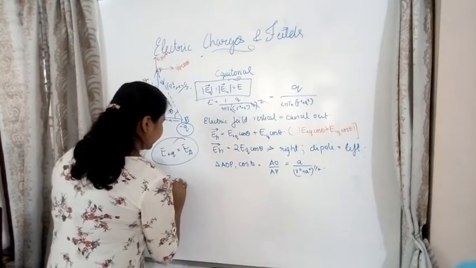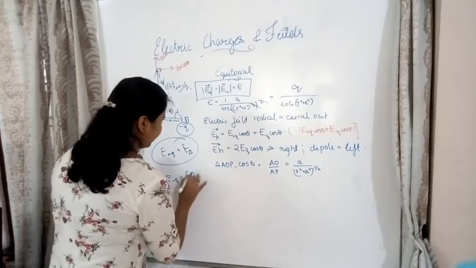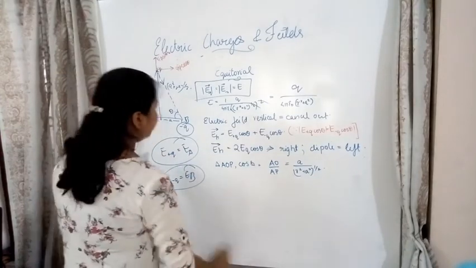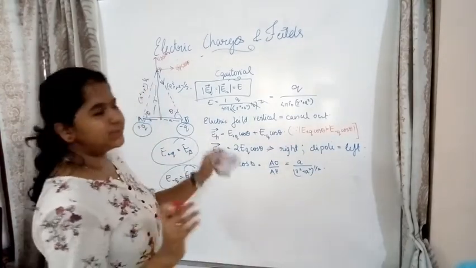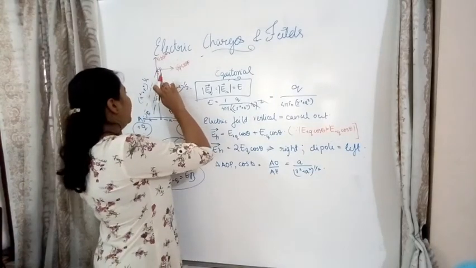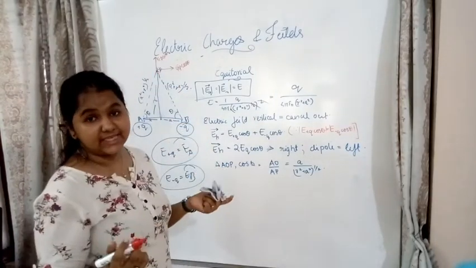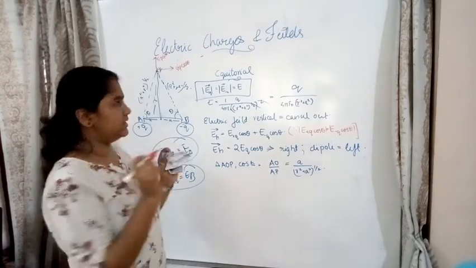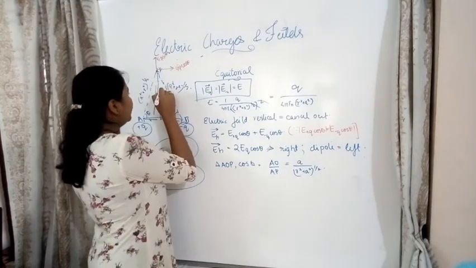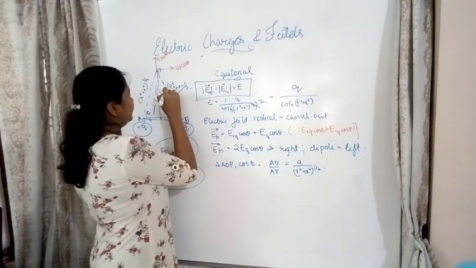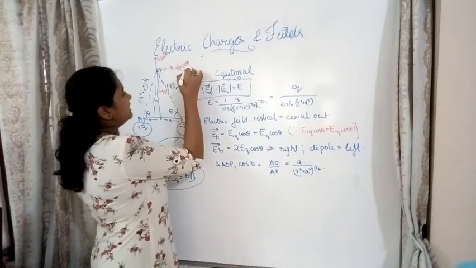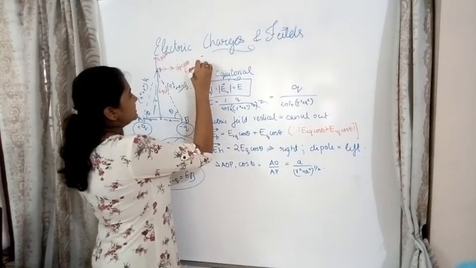Then we will take E minus Q equal to E B, and split that too into its components. This is E B sin theta and this is E B cos theta.